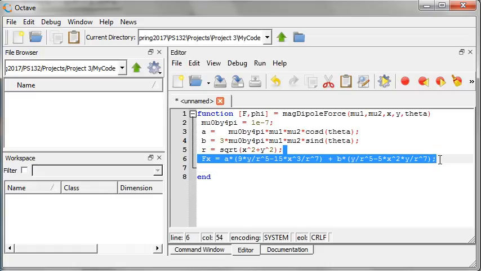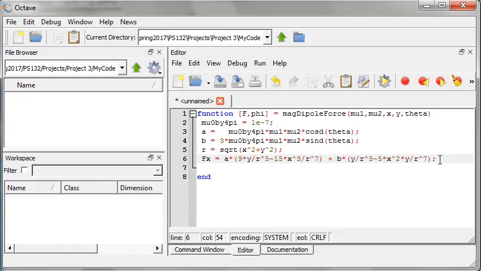I'm going to try copying this. Control C, Control V. Because fy was pretty similar, I think. So it's a y where there was. Oh, and the first one I had an x. I think I may have copied down the B one, the f sub y one. So 9x over r to the 5th, 15 x cubed over r to the 7th.